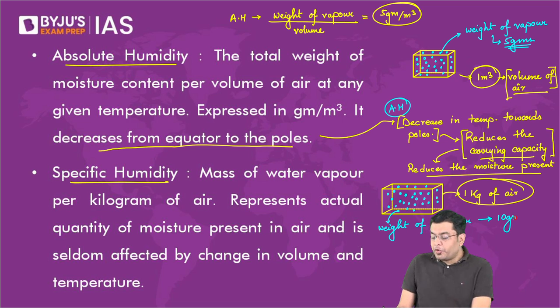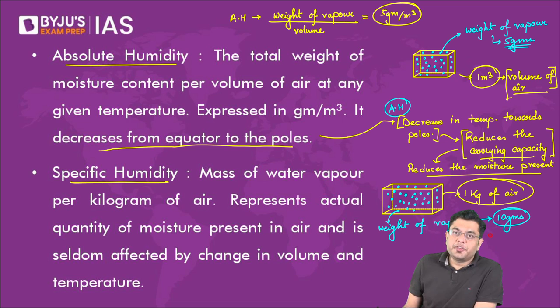Right. So here, what will be the specific humidity? It will be 10 grams divided by 1 kg.